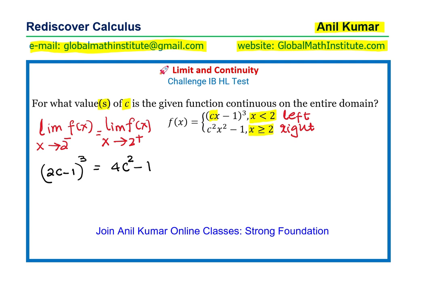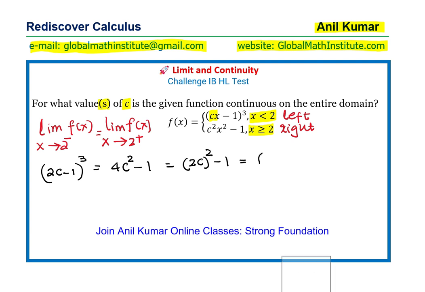Now many times students find it very difficult to solve this equation. It involves a cubic equation. Here is a small trick. You see 4c squared minus 1? Think of it as (2c) whole squared minus 1, which is a difference of squares, right?